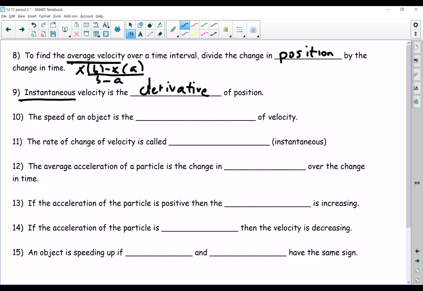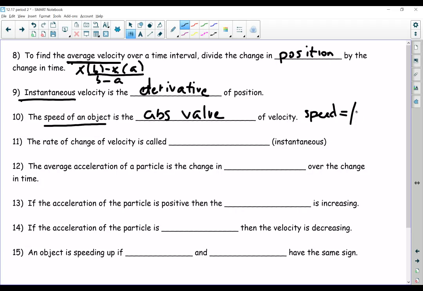So average velocity is the change in position over time. Instantaneous velocity is the derivative of position. Now the speed of an object, if I ask for the speed, it's the absolute value of velocity. We don't use the letter S for speed because that means position in our world.